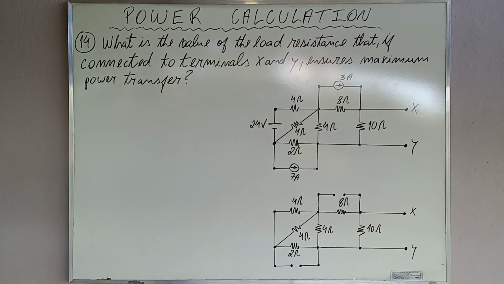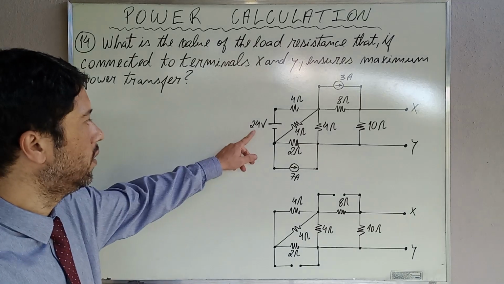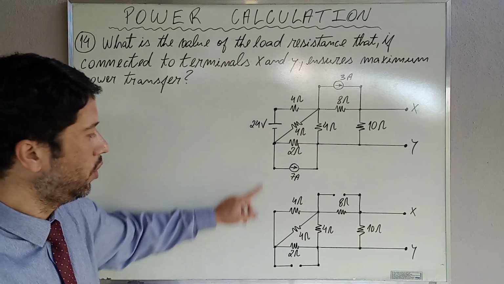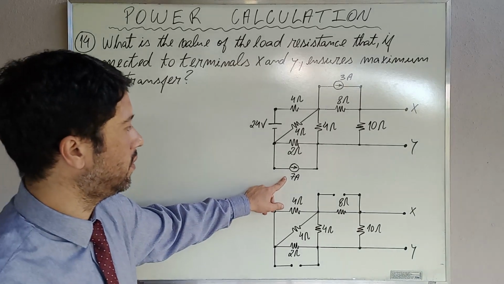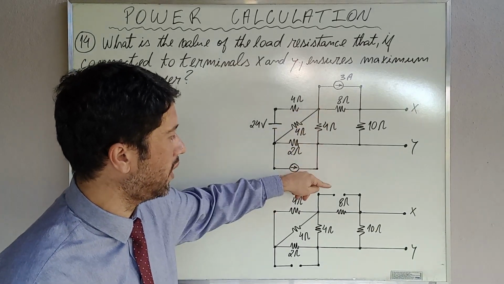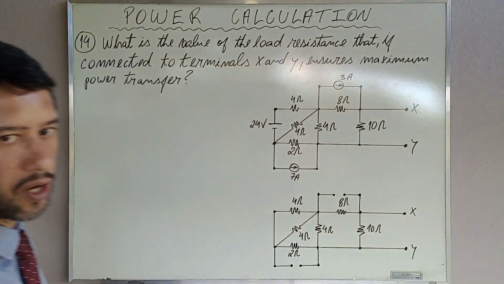A voltage source becomes a short circuit, whilst a current source becomes an open circuit.